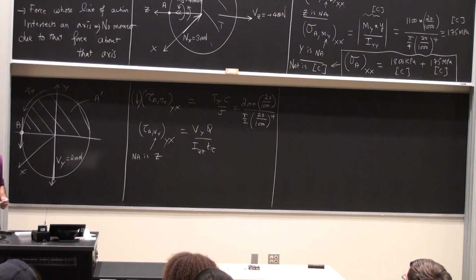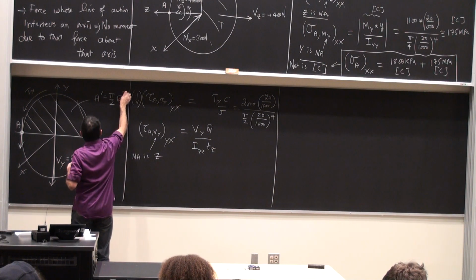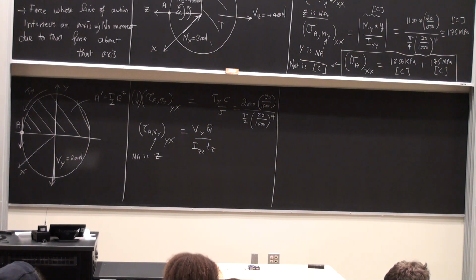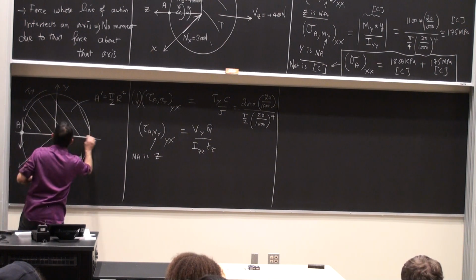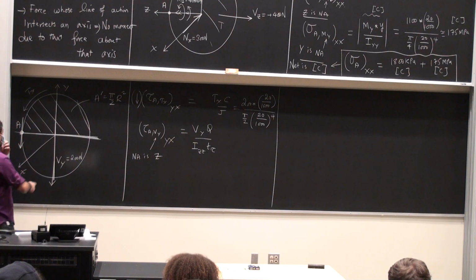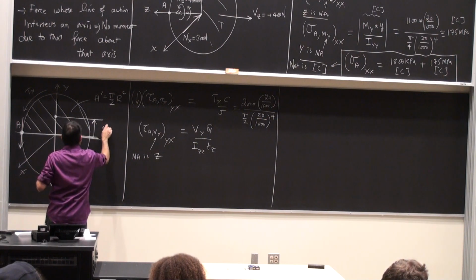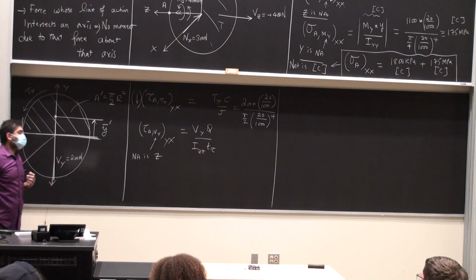This is A prime, being pi by 2 r square. And then y bar prime is the distance from the neutral axis all the way to the centroid of this semicircle, which is 4r by 3 pi.